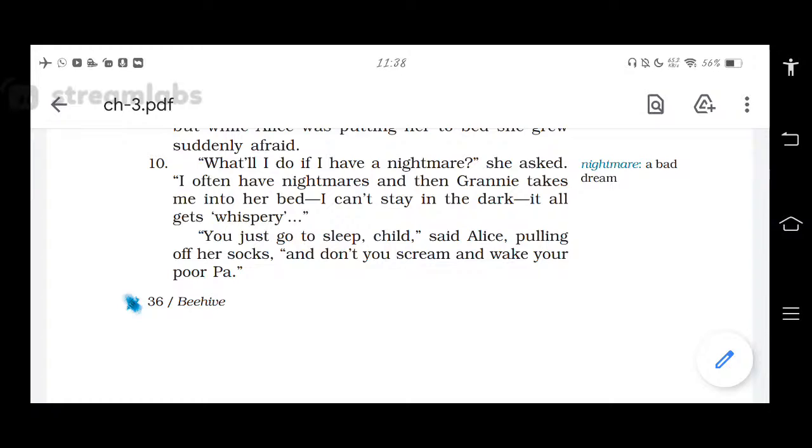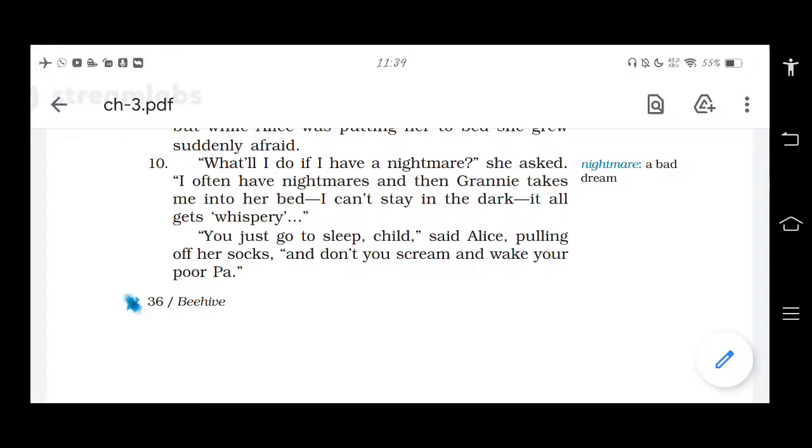You just go to sleep, child, said Alice. So when she asked this question, her cook suggested to her, you need not stay here. Well, you just go to sleep, child. Pulling off her socks, and don't you scream, wake your poor pa.